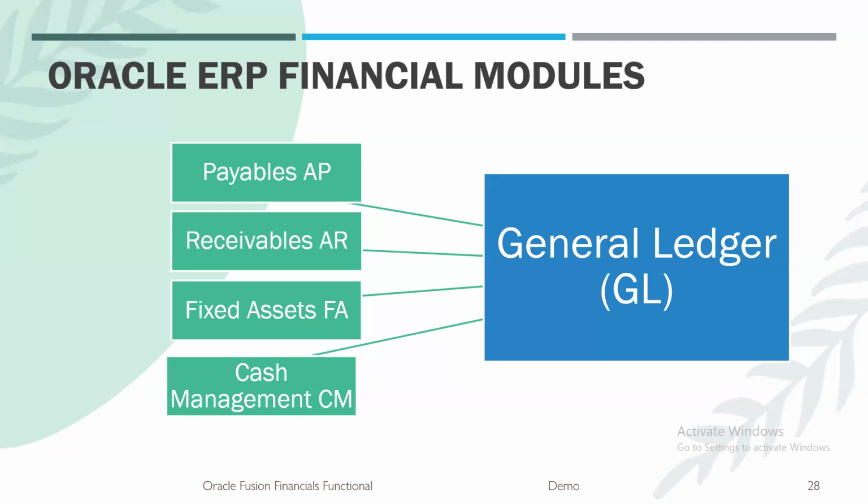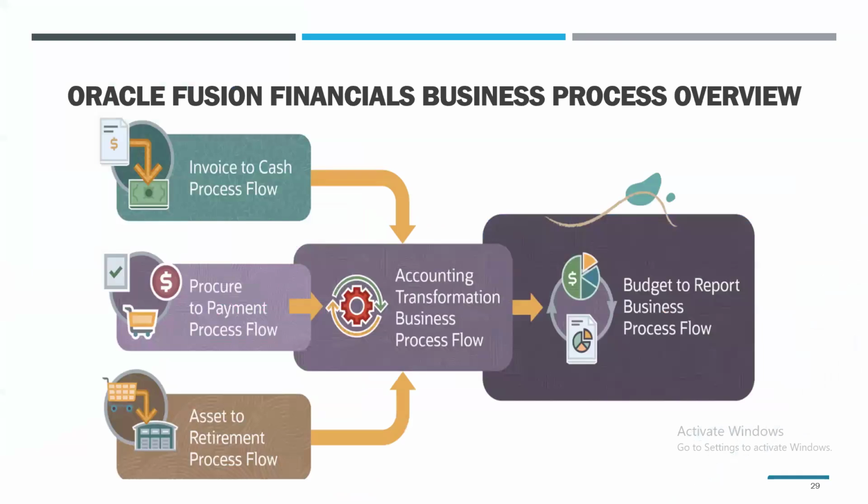We will discuss every module in detail, the theoretical setups and functionalities. At the total Oracle Fusion level, we have three business processes. All the business activities of one company, one big organization, have been divided into three business processes.